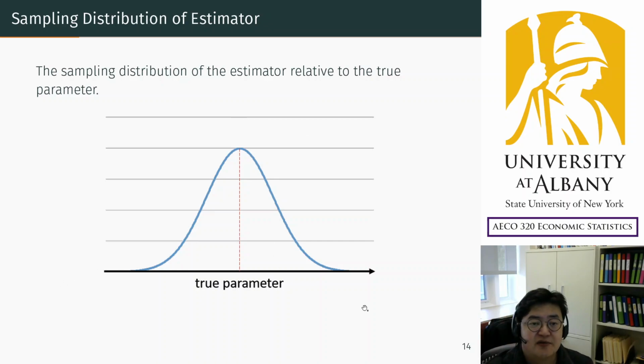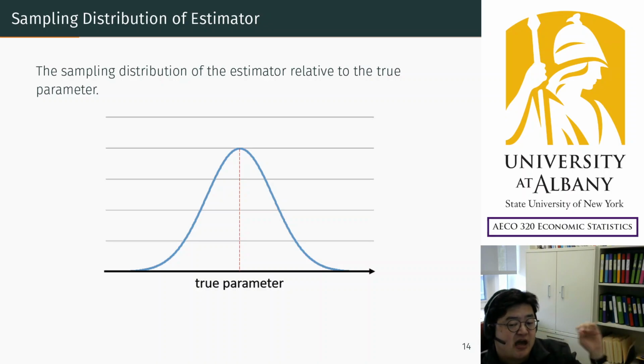So that means your estimator may fall here or may fall here. When the density is high, you are more likely to get that number. But as you go to the tail, the probability will be lower, so you are less likely to get that value as an estimator.